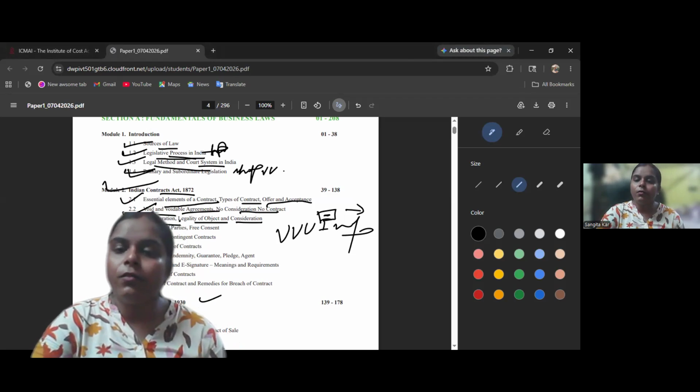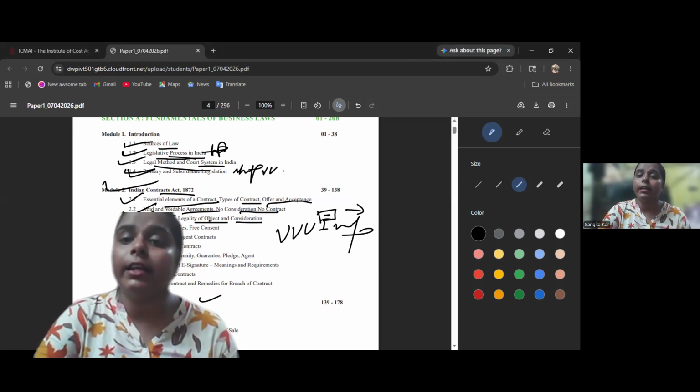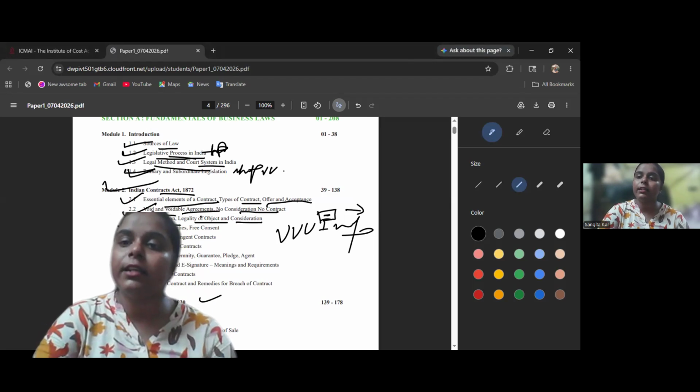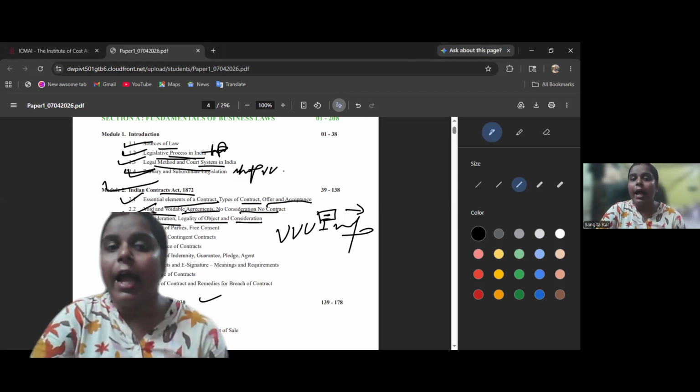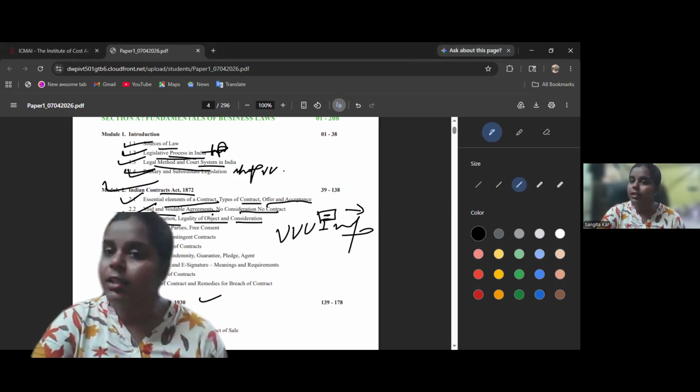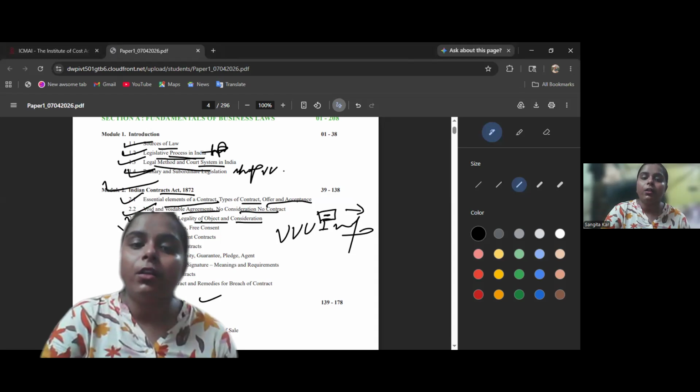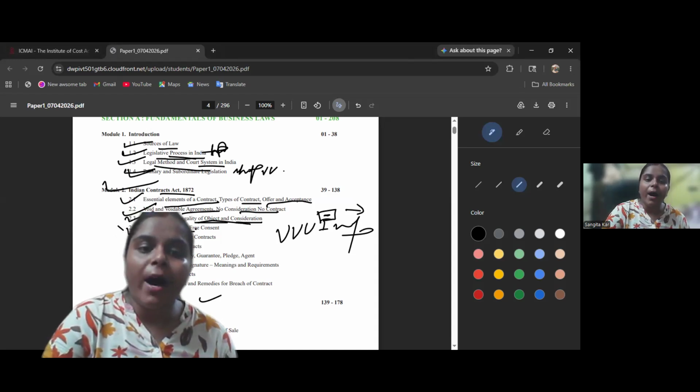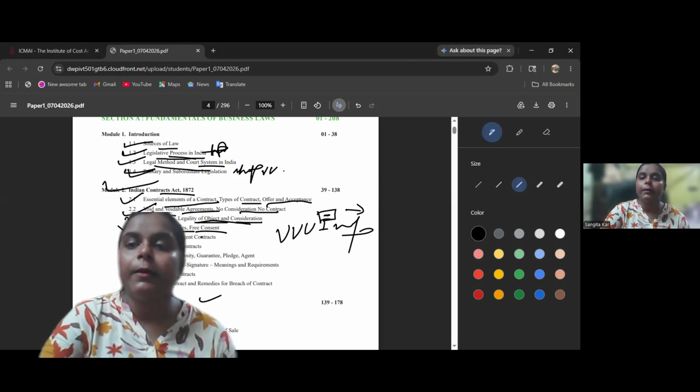We will learn what consideration is, legality of object, which consideration is termed legal and which is termed illegal. Then capacity of parties and free consent.